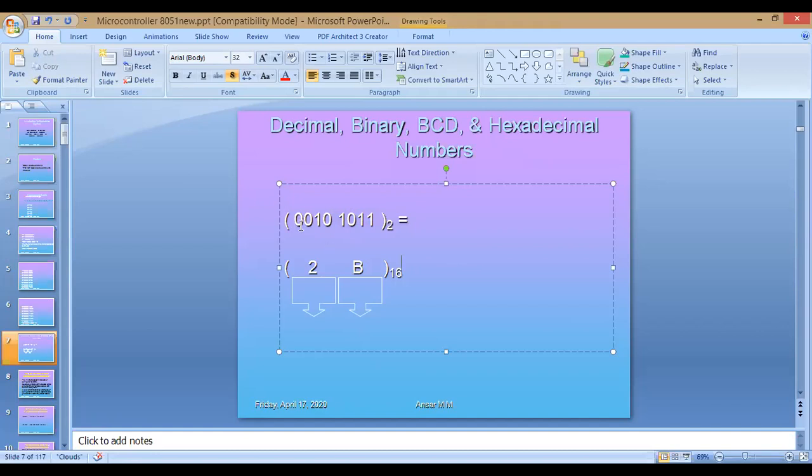First, convert the upper nibble, 0010. The equivalent hexadecimal of this binary number is 2.